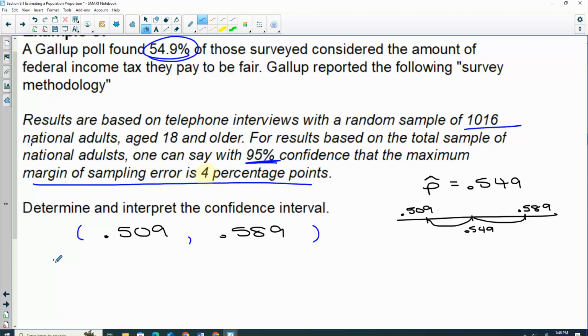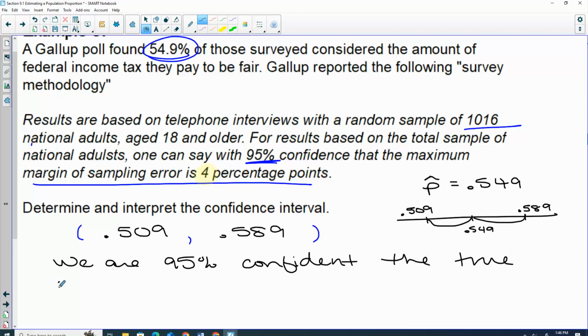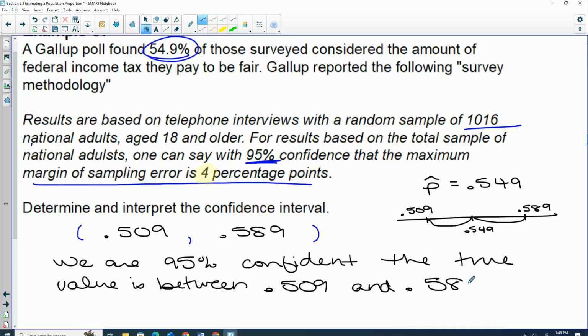Interpreted, it means we are 95% confident the true value is between 0.509 and 0.589.